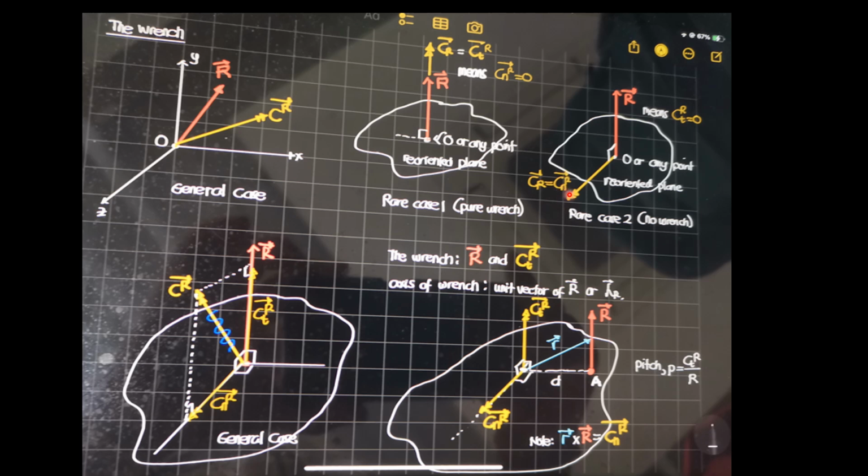So in other words, that R will just push the screw without twisting it because the tangential component of this couple is 0, because they are perpendicular. Remember, if you dot C sub R with R, because they are perpendicular, C sub R will have no component in the direction of R. So that's why the tangential component of this couple is 0.